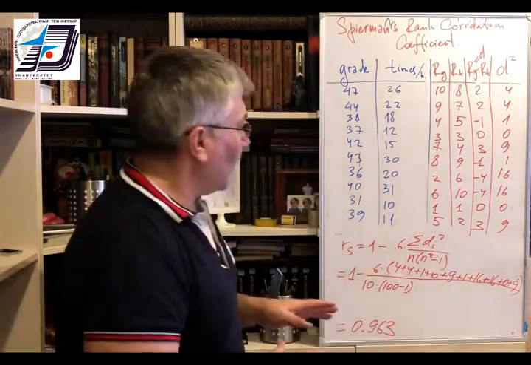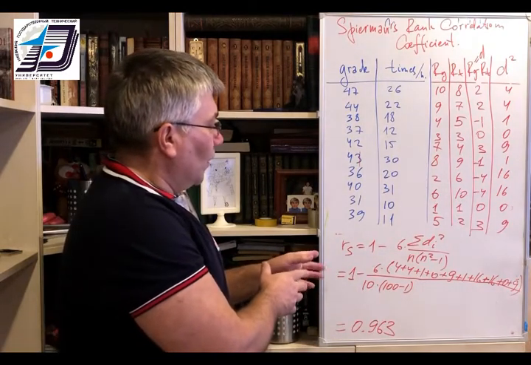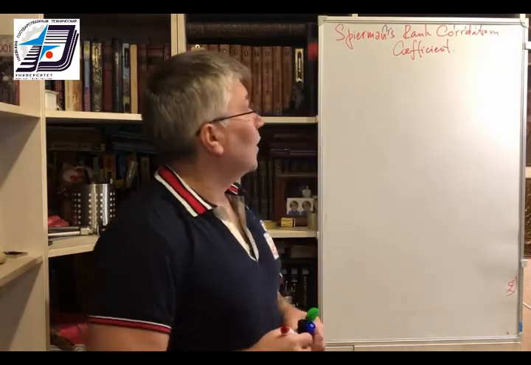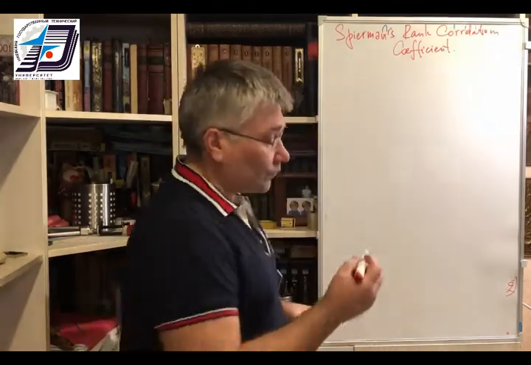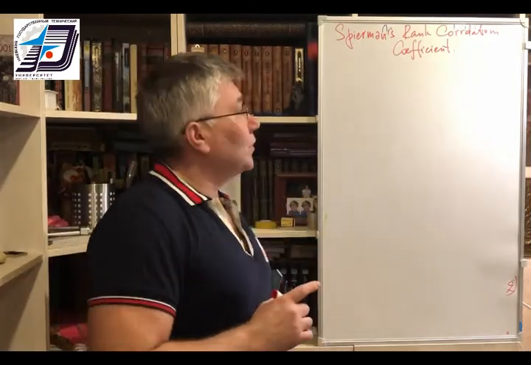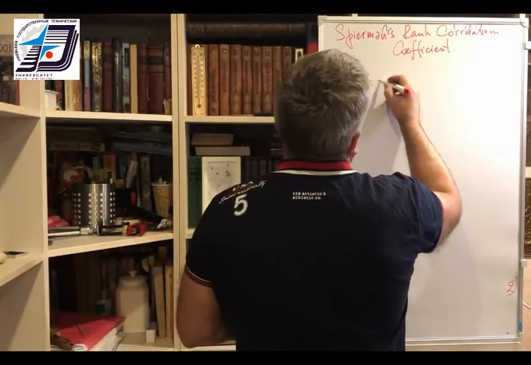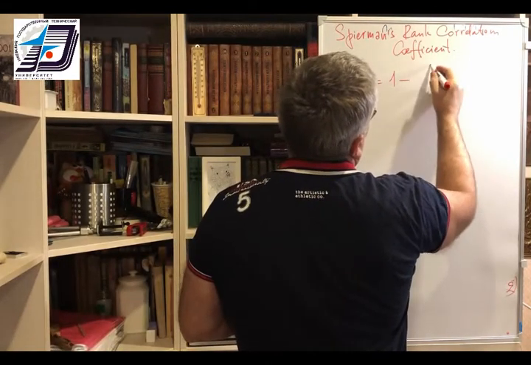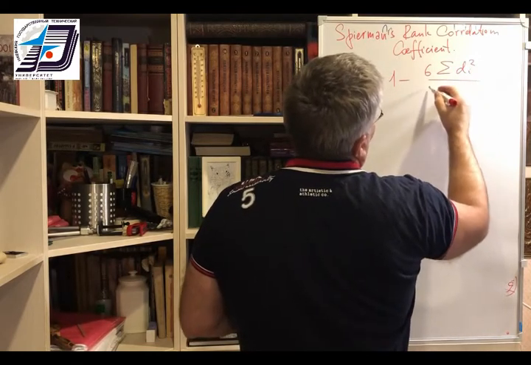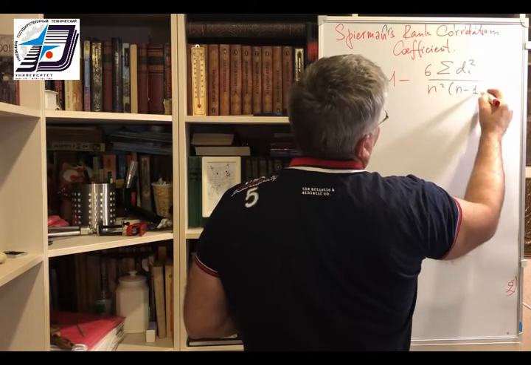And then I give you the criteria for the Spearman rank coefficient. I put down the formula: Rs equals 1 minus 6 summation of di squared over n times n squared minus 1.